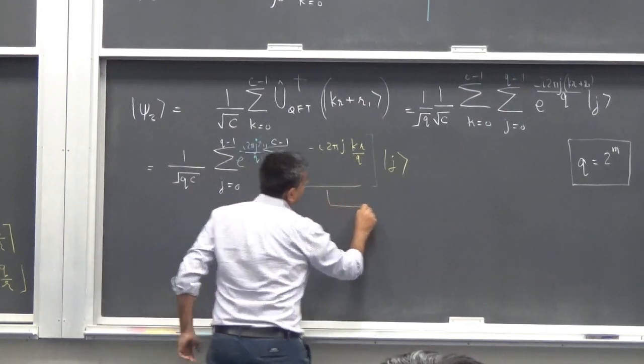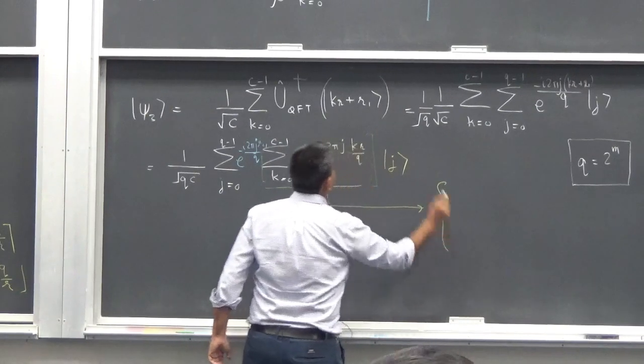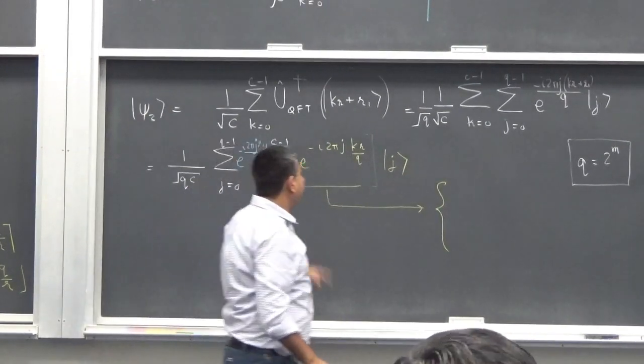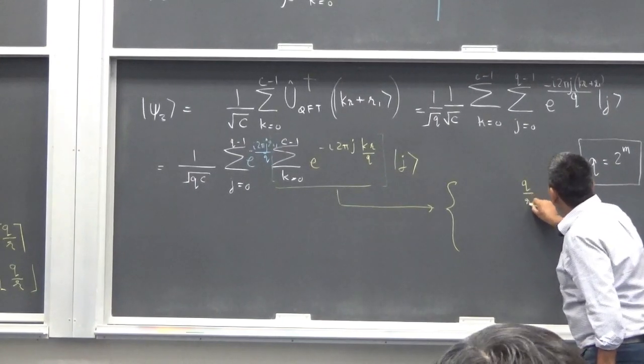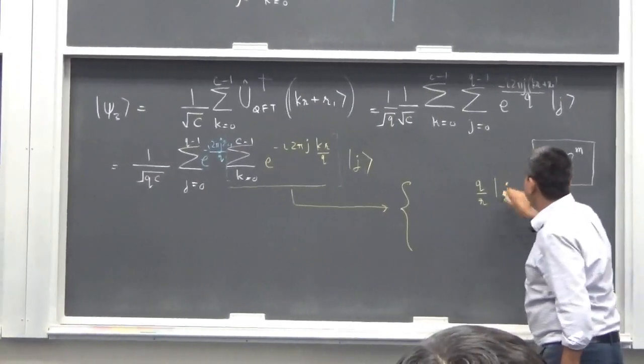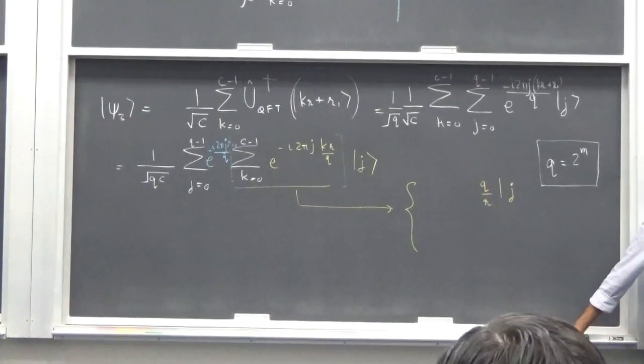So this summation equals C if q over r divides j, which is a compact way of saying that j is a multiple of q over r.